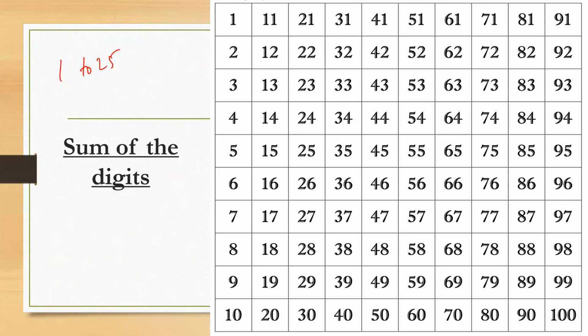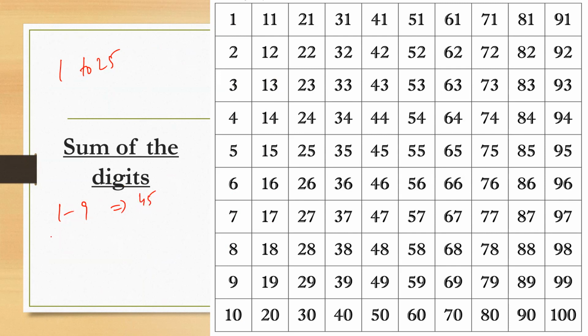Okay. See again, 1 to 9 how much will it be? You tell me. 1 to 9 will be, what will be the sum of all digits that you are writing here? It will be 45. Yes, it will be 45.